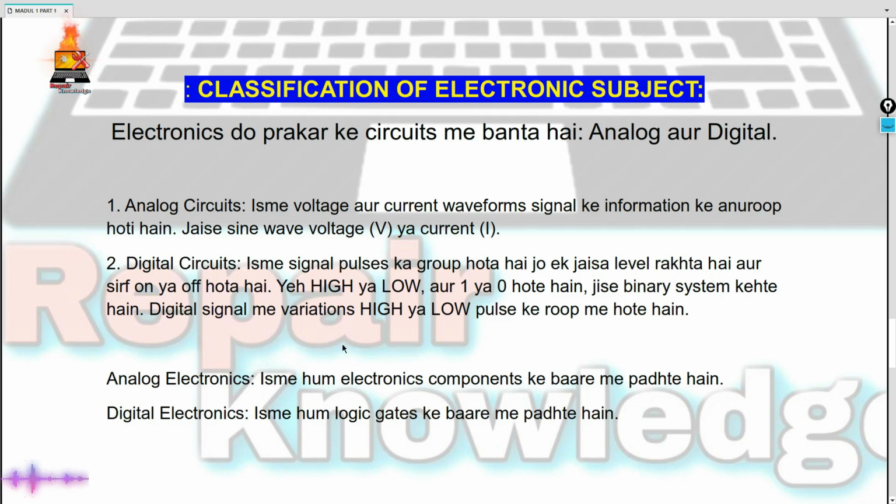Like in analog, we read about electronic components. And in digital, we read about logic gates. Like in an analog circuit, we have capacitors installed inside it, resistors installed in it, and other components. We remove one and install another one.